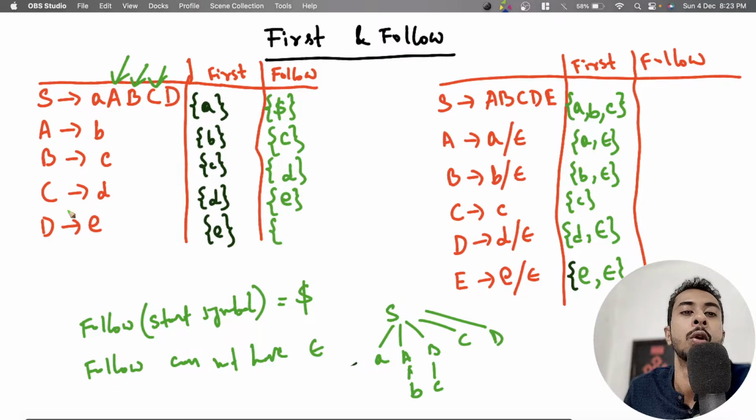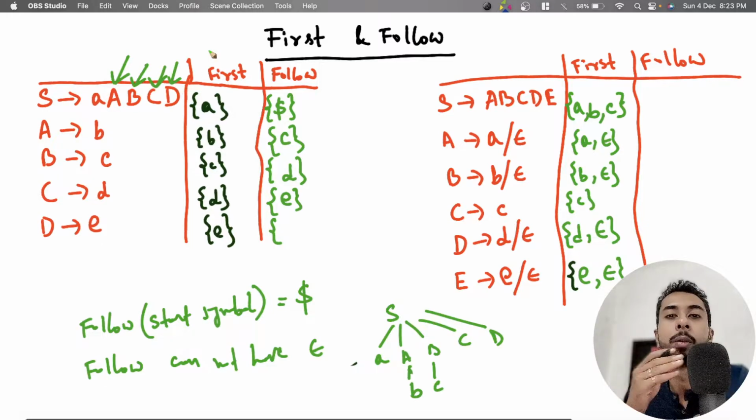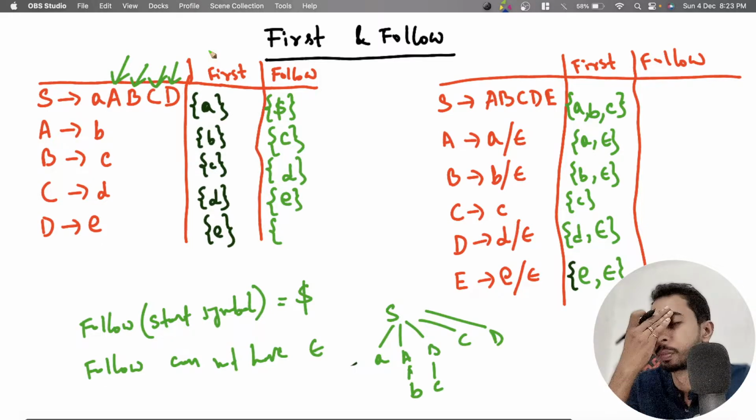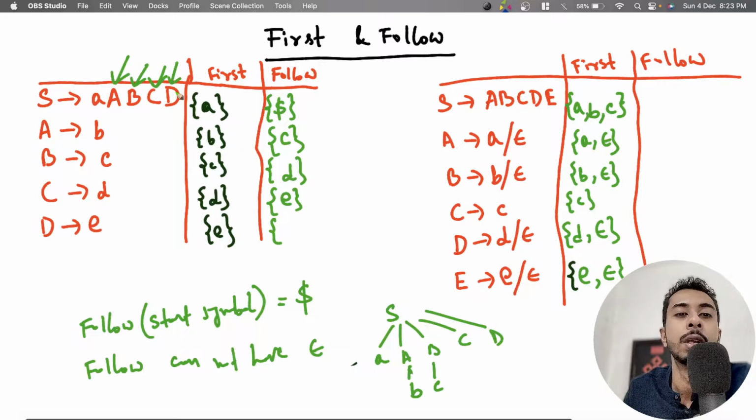Now what is follow of D? Now see, for follow of D, we have come to the end, right? On the last, the end. So follow of D is nothing but the follow of S, isn't it? Whatever is following D, say something is following D, so it will be here. Now in the derivation process, this entire thing A B C D is actually replaced by S, right? Because S is deriving this. So whatever is the follow of D is also the follow of S, isn't it?